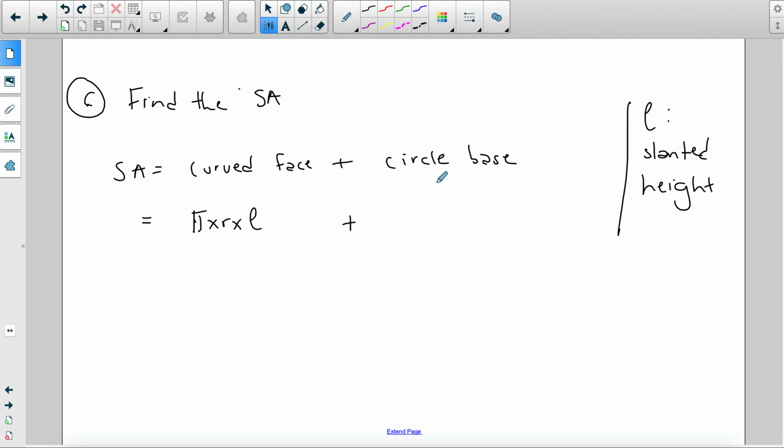And the area of a circular base is just pi r squared. And this is also given in your data booklet. So let's just substitute the values in. So this is pi times 2.5 times 8, and then plus pi times 2.5 squared.